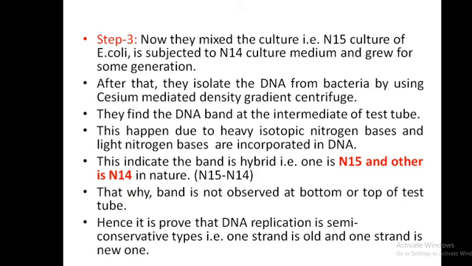They find that the DNA bands at the intermediate position of the test tube. This happens because heavy isotopic nitrogen bases and light nitrogen bases are incorporated in the DNA. This indicates the band is a hybrid, that is, one strand is N15 and the other is N14 in nature.